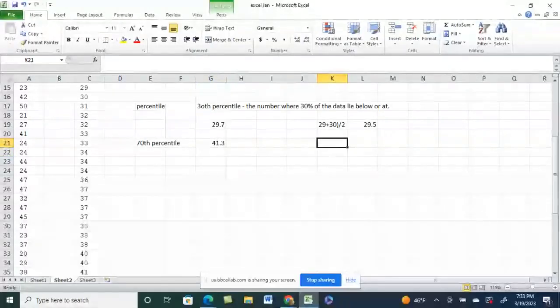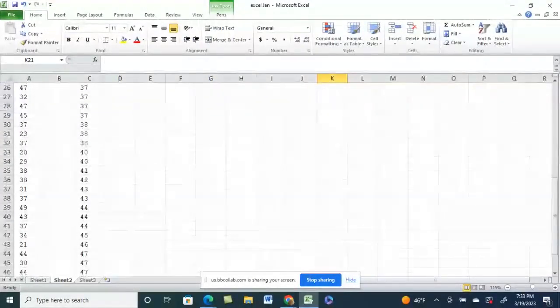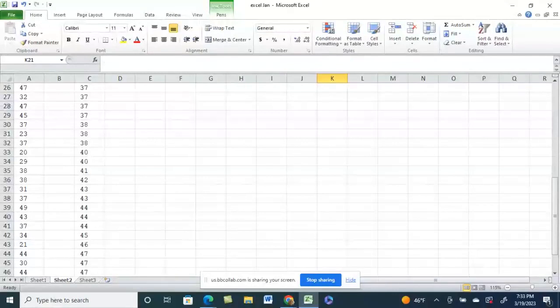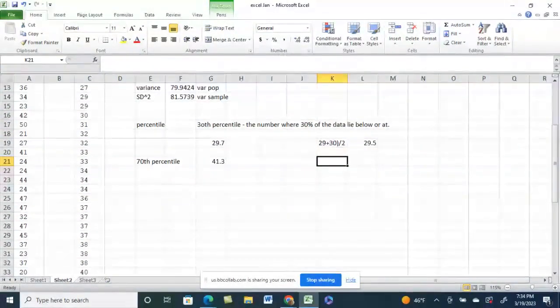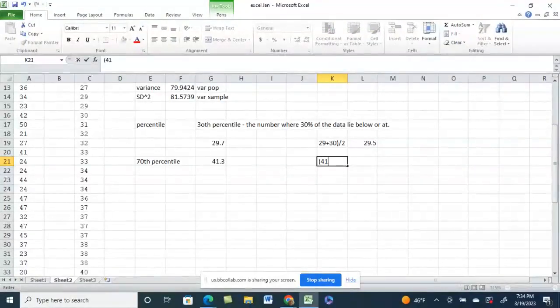Okay, so position 35 is 41 and position 36 is 42. So the average of those would be 41.5. So this would be 41 plus 42 divided by 2.